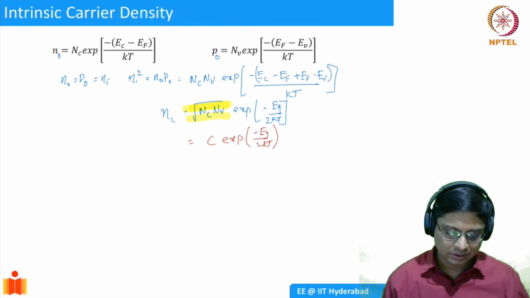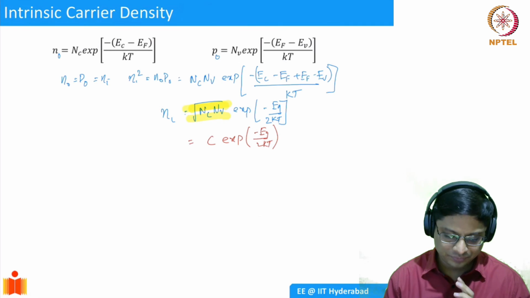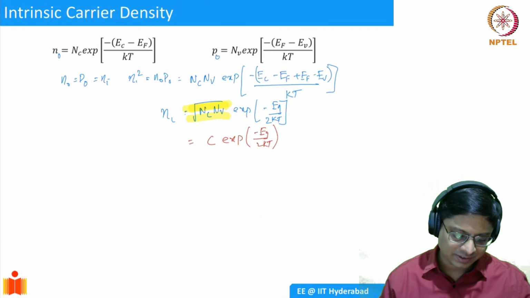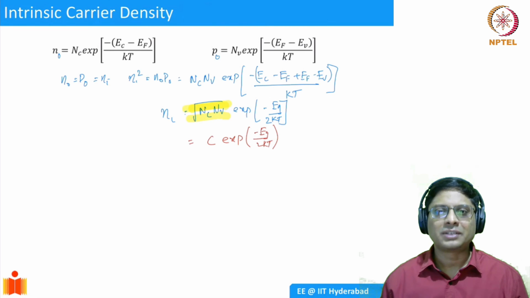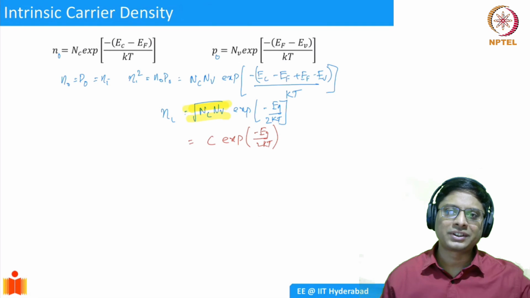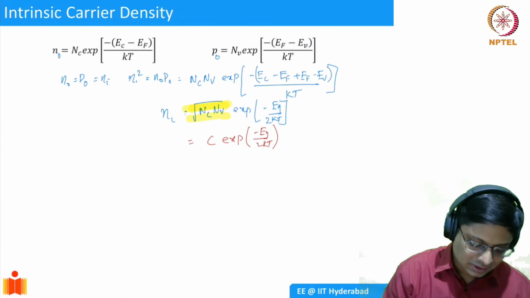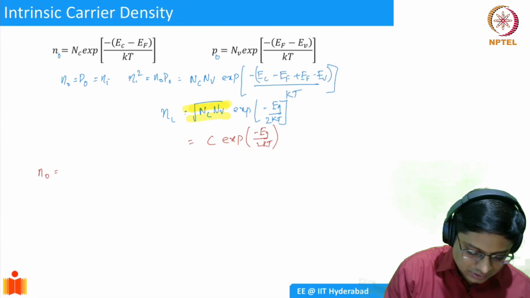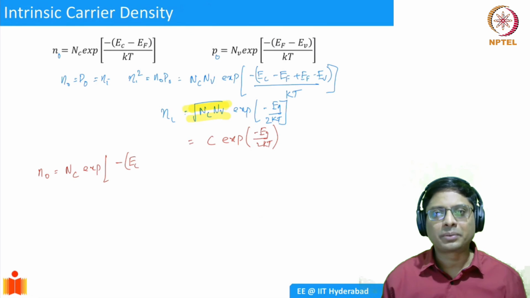All right. So now, before I go forward, I want to use another form of this expression. While Nc and Nv are convenient, sometimes it's also convenient for us to look at the distance from the Ei. So I'll rewrite the formula for n. N naught is going to be Nc exponential minus Ec; I'll add and subtract Ei.